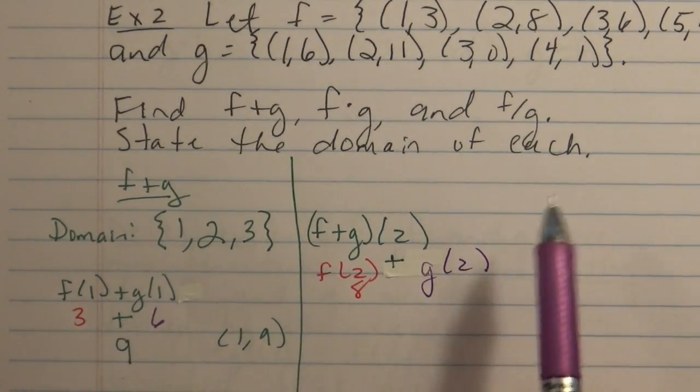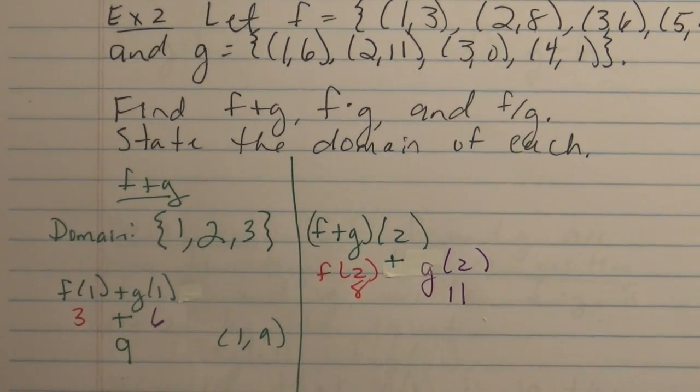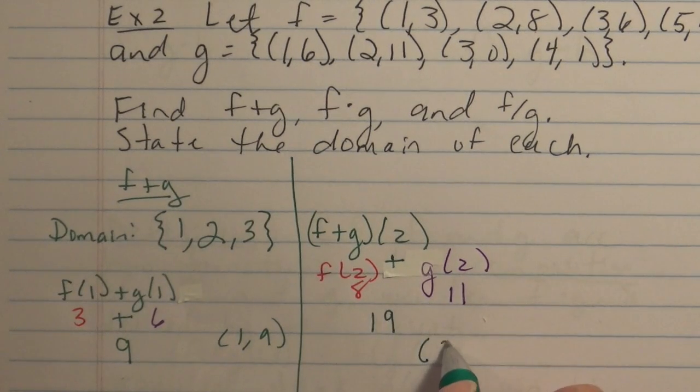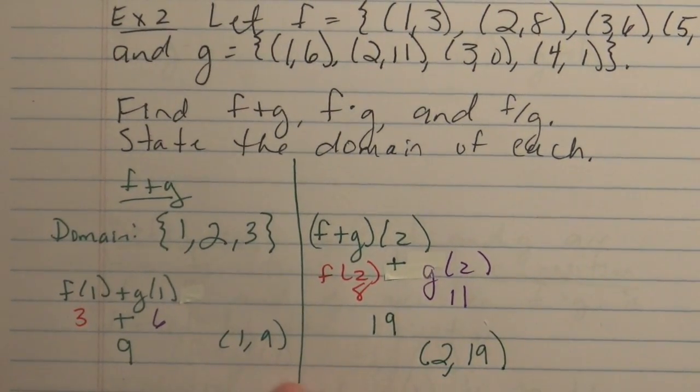G of 2 should have given you 11. And then you add these together and you should have gotten 19. So this ordered pair is giving you 2 for x and 19 for y. So that's the second ordered pair that we can put into the function f plus g.